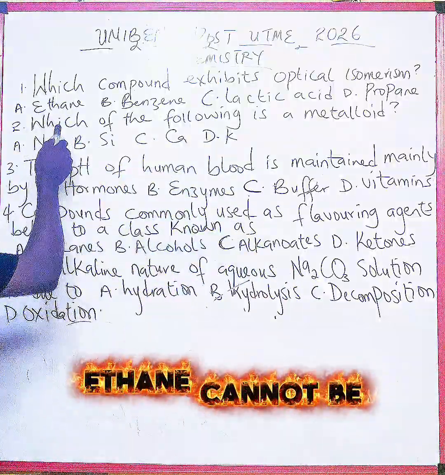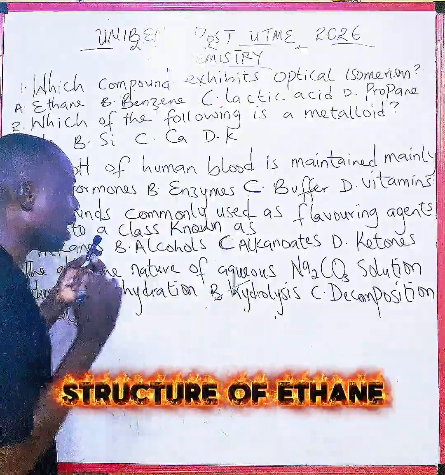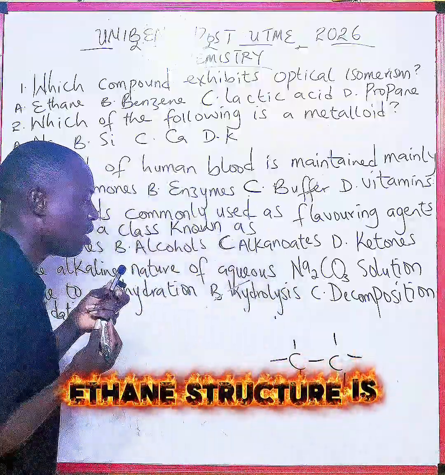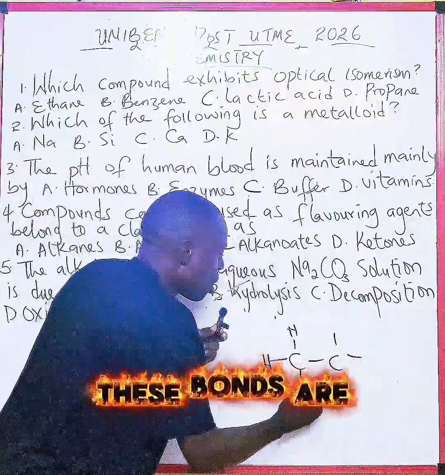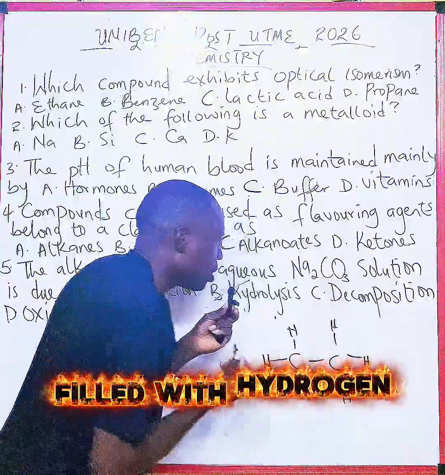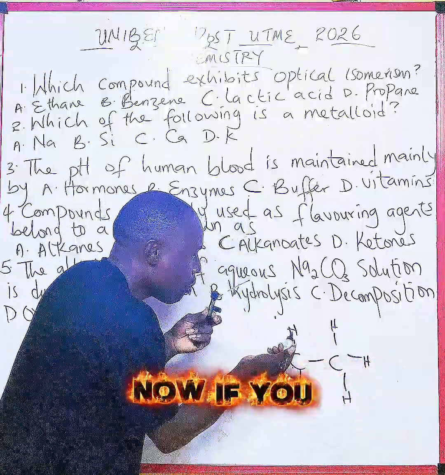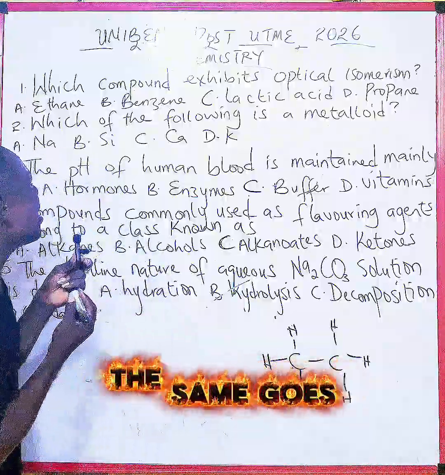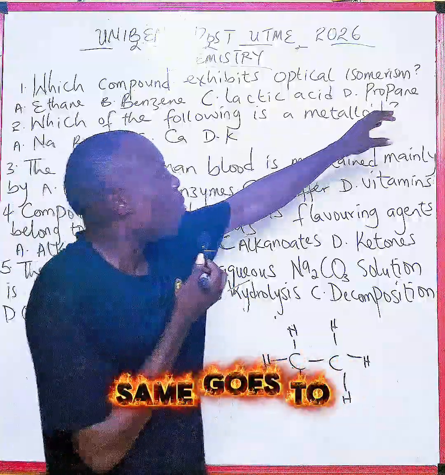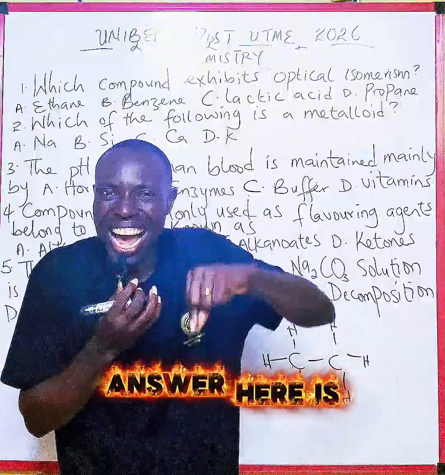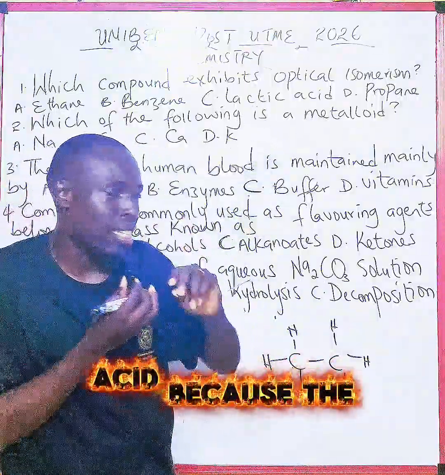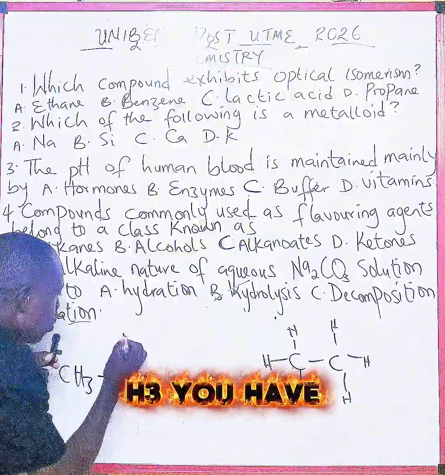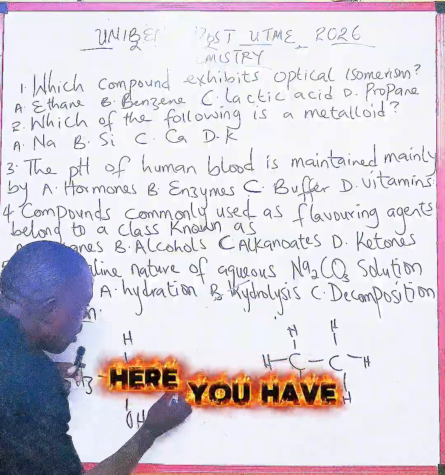Now the options: ethane cannot be, because if you look at the structure of ethane, each of these bonds is filled with hydrogen. If I pick this carbon here, the groups attached to this carbon are the same. The same goes for benzene and propane. The correct answer here is lactic acid, because the structure of lactic acid is CH3, you have H here, you have OH here, you have this.